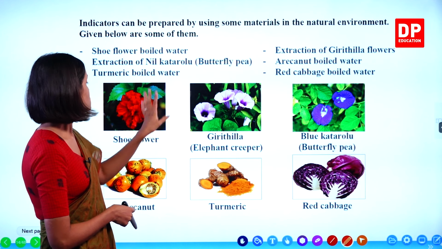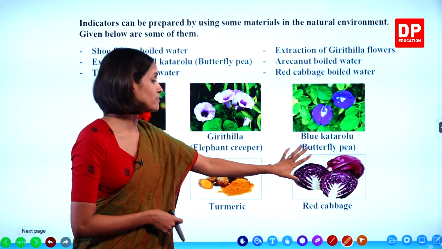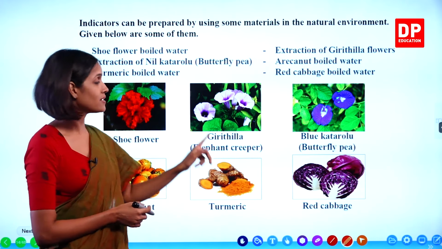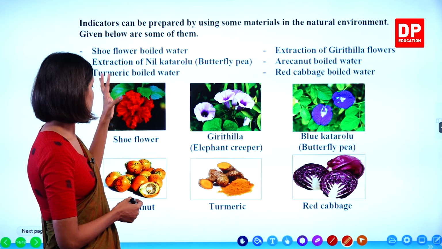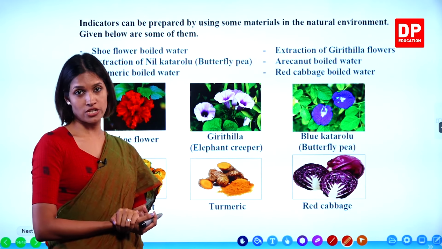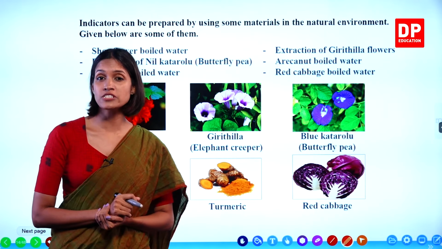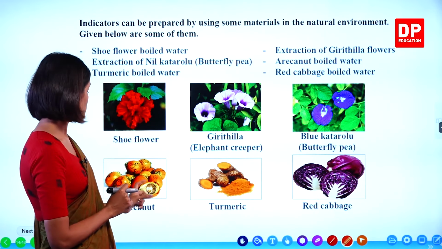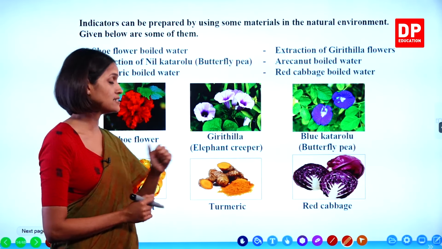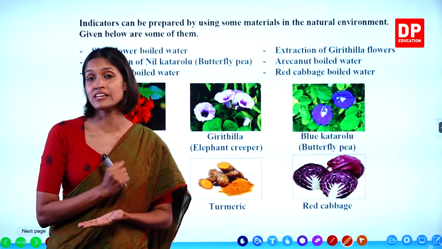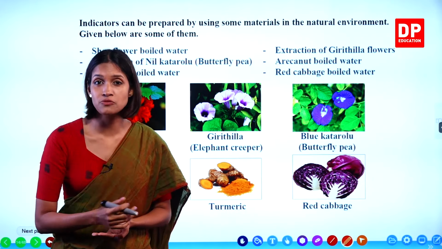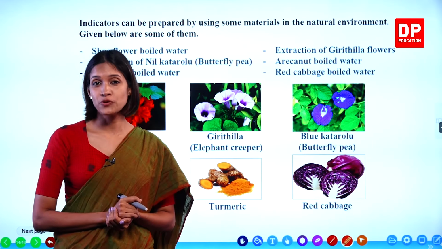So Giratina, blue Cattarallu and red cabbage solutions we can prepare the same way we prepared the shoe flower solution, right? For areca nut and turmeric boiled water, we have to take the areca nut pieces and turmeric, crush them really well, mix them with water and boil it. Okay, children.